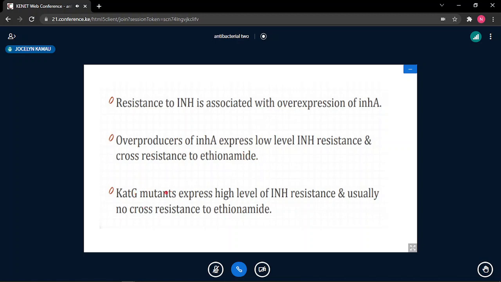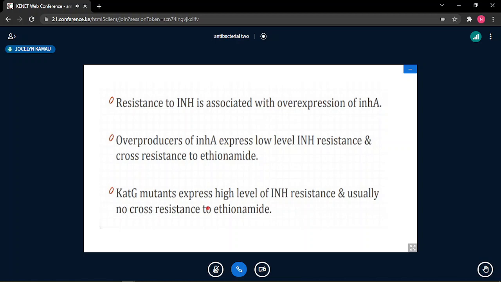But if you have katG mutants, these are people who will come up with a katG that is not blocked by the isonicotinic acid. So katG mutants will express a high level of isoniazid resistance. If you have a katG mutant, it means you are not producing the active moiety of isoniazid. So how will it act? There will be a lot of resistance, because isoniazid is a prodrug.